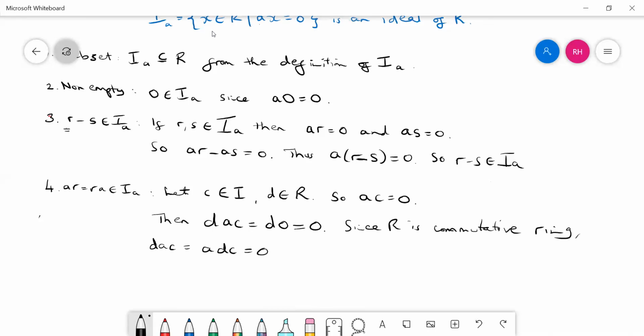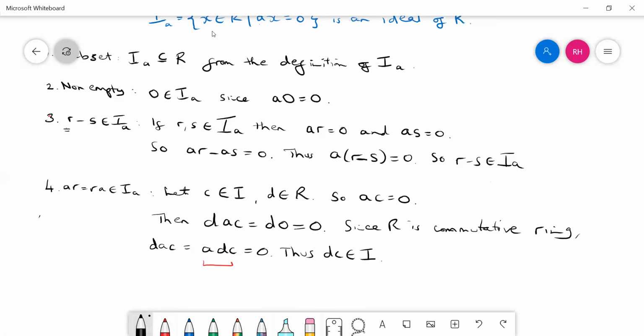So all I've done is just change the order to get ADC. And now this is in a form where hopefully we recognise that, and thus DC is an element of I.